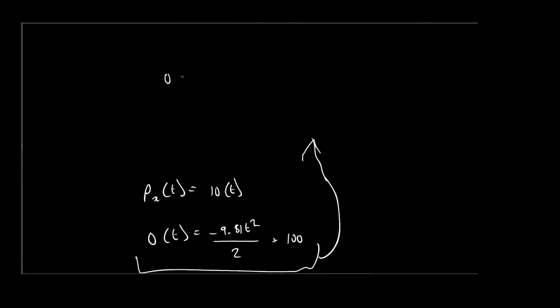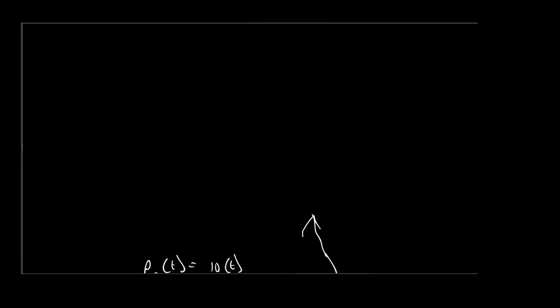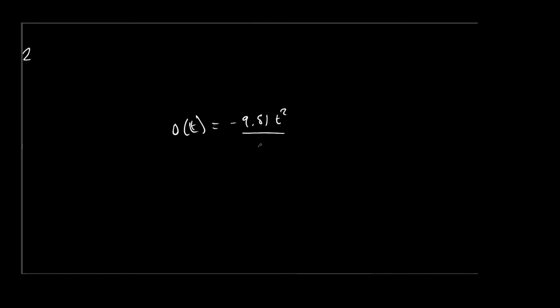And let's rewrite it way up high. That way I have more space to work with. Here, 0 as a function of time equals negative 9.81 t squared over 2 plus 100. And then you do the good old algebra stuff. 0 as a function of time is just negative 100 equals negative 9.81 t squared.